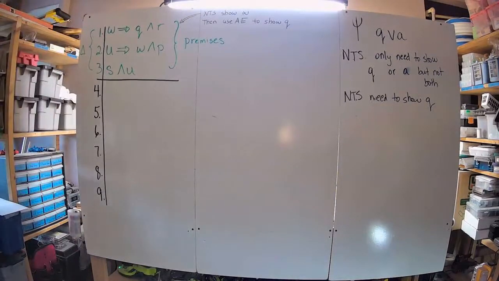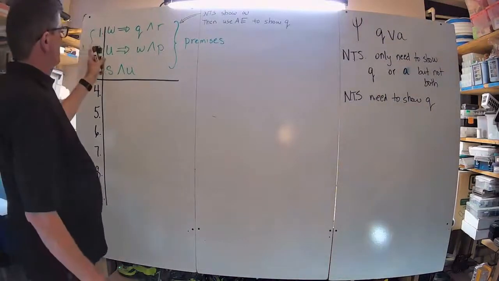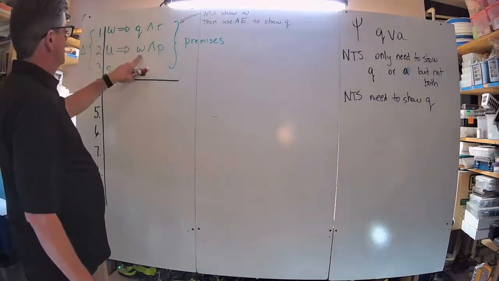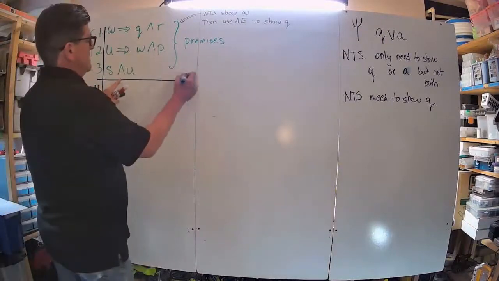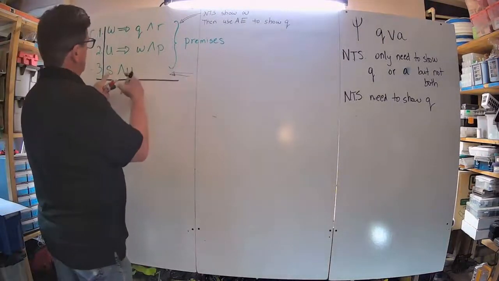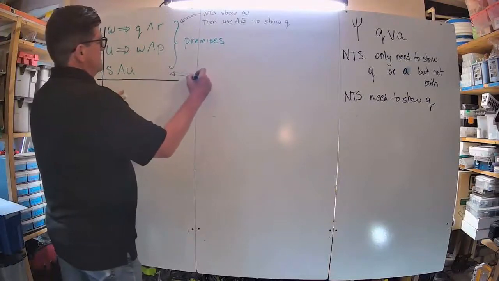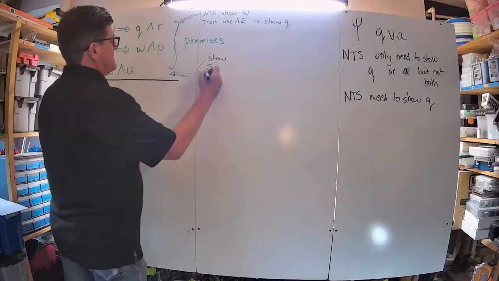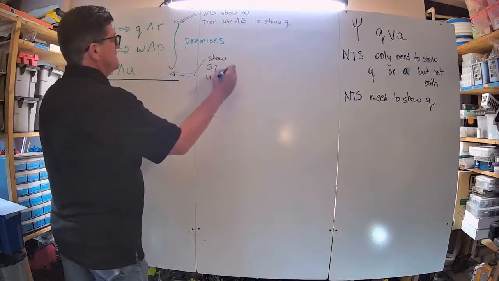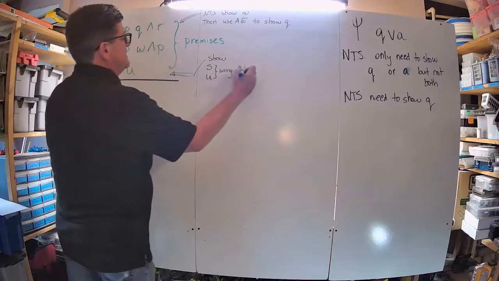So how do I do that? I've got to show W somehow. So let's see. Oh, this is so easy to do. I'm going to say right here, this is kind of a step. I can show S and U using and elimination.